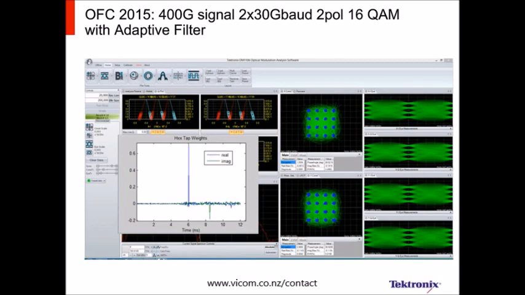But in addition to this, by applying DSP, you can also learn things about the system. So after we set this up at OFC, we weren't terrifically happy with the EVM we were getting, and so we turned on the adaptive filter. The adaptive filters that are available are very powerful, and here you can see the tap weights.